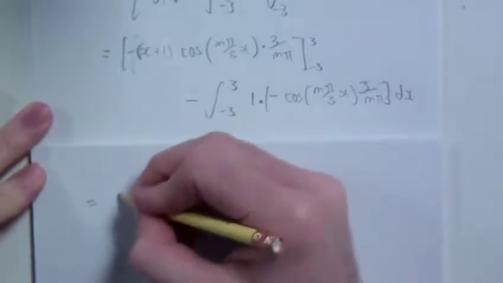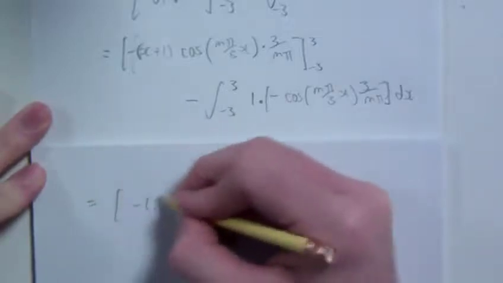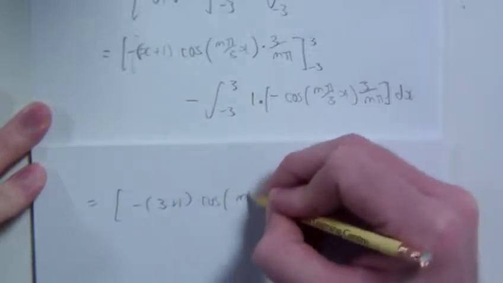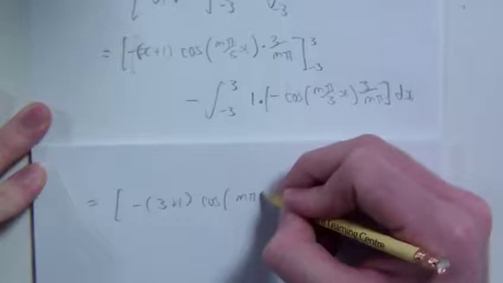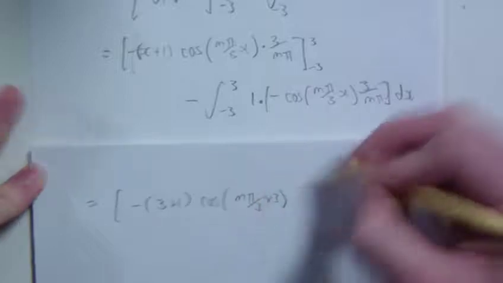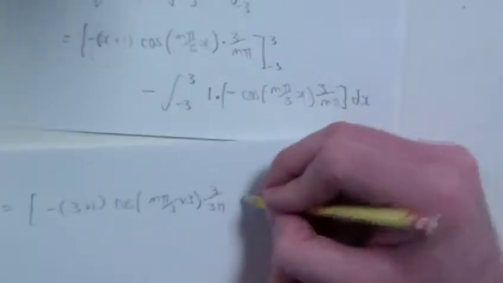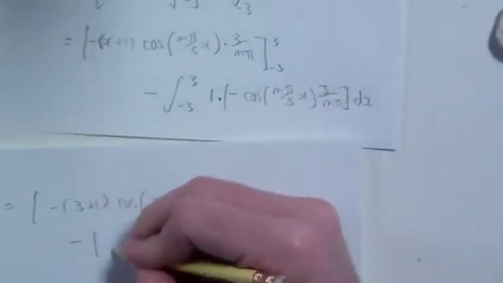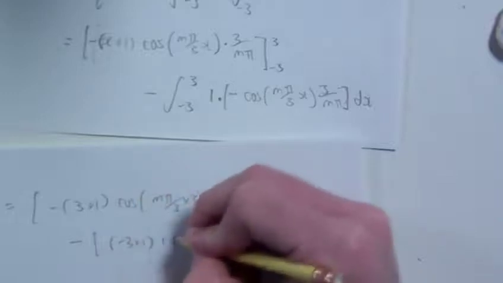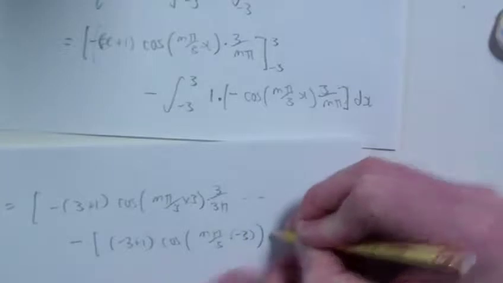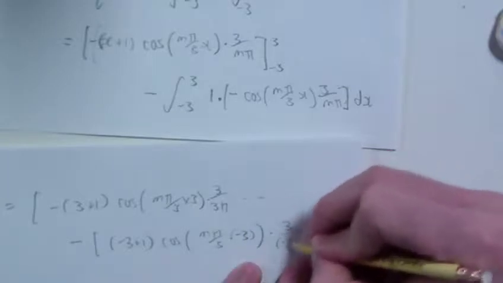Let me just sub it in. So we've got minus 3 plus 1 cos of m pi on 3 times 3, 3 on 3 pi, minus 3 plus 1 cos of m pi on 3 times minus 3 times 3 on minus 3 pi.